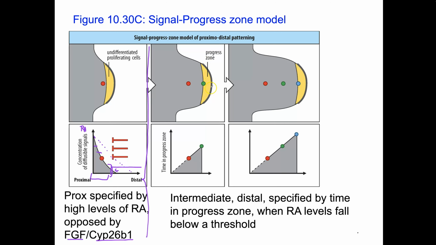There are multiple things that could be happening in this progress zone, but basically the time spent is now directly connected to which types of cells you're going to form. So this part is specified by the amount of retinoic acid, but everything else over here is based on time spent in the progress zone. Okay.